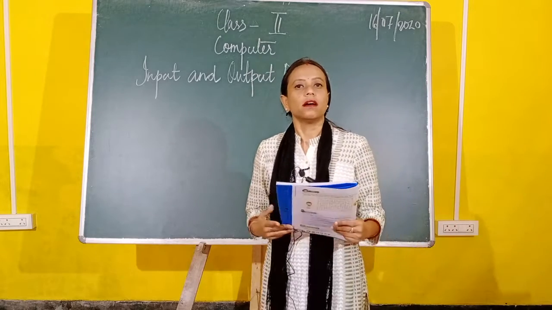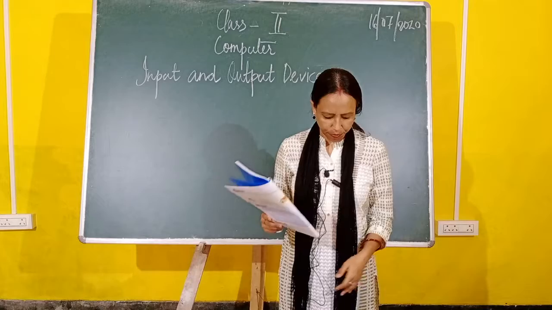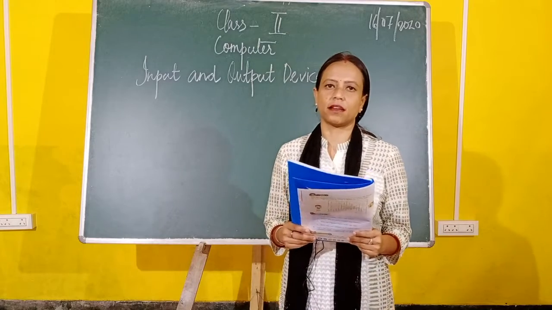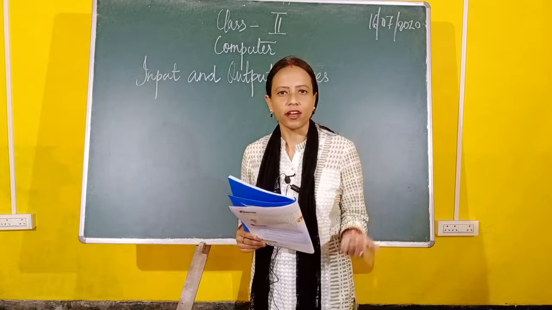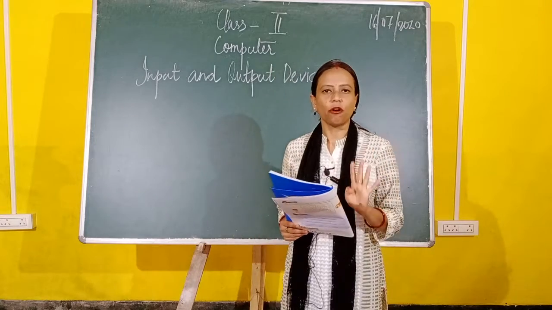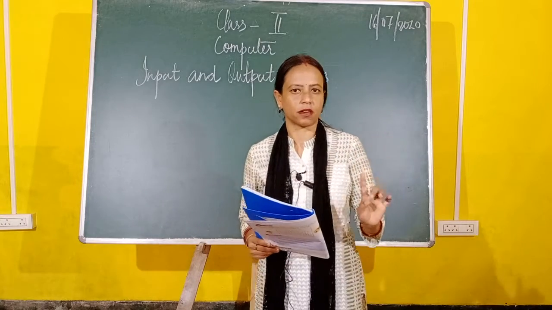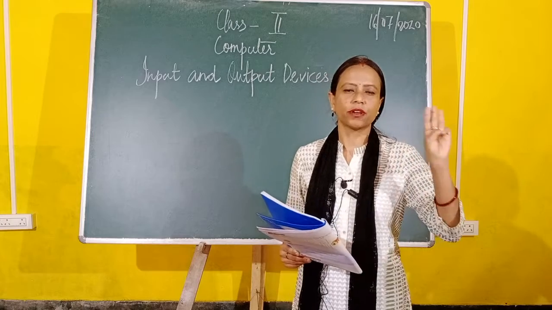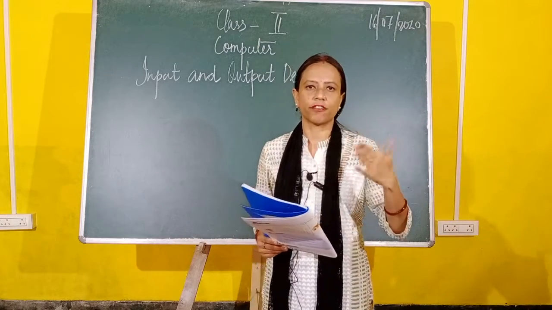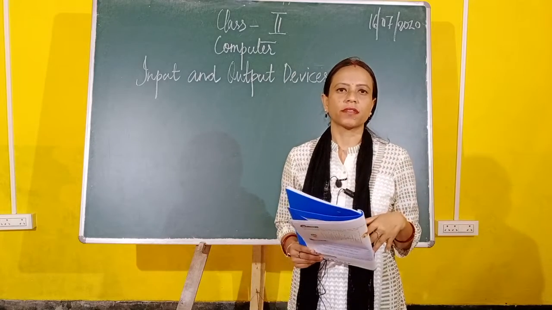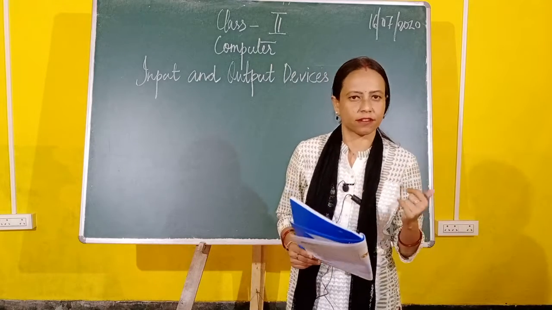Now children, you all know that computer is an electronic machine. A computer works with the help of electricity, and there are 4 main parts of a computer: monitor, CPU, keyboard and mouse. These 4 different parts of a computer have their different works.